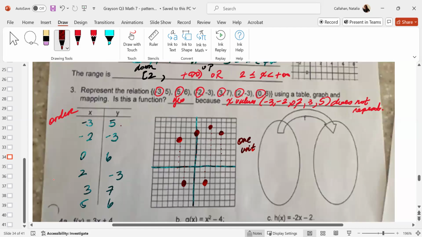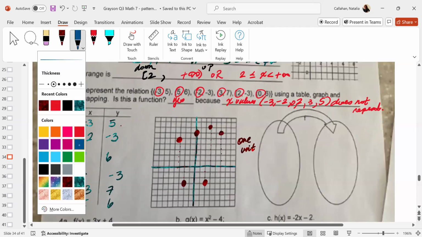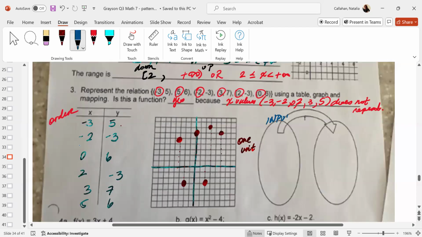Okay. Now, when you do the mapping, remember your input is the first one, output is the second one, right? So -3 to 5, -2 to -3, 0 to 6, 2 to -3, 3 to 7, 5 to 6.